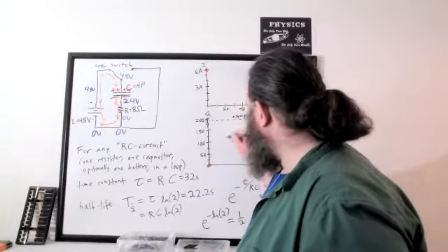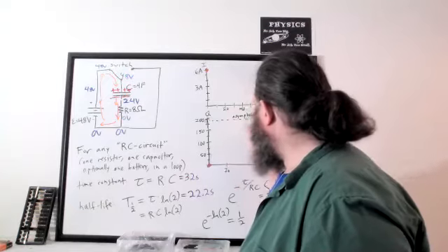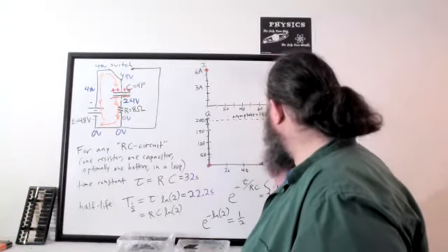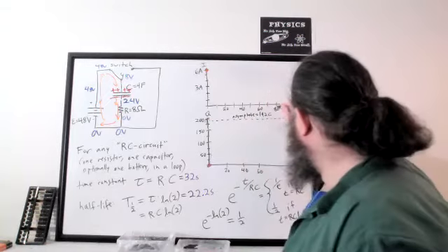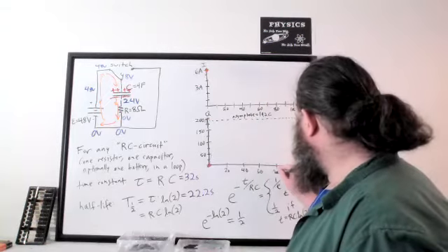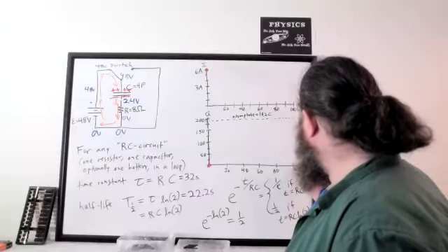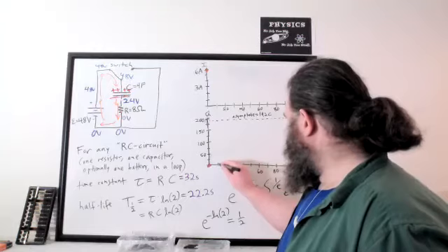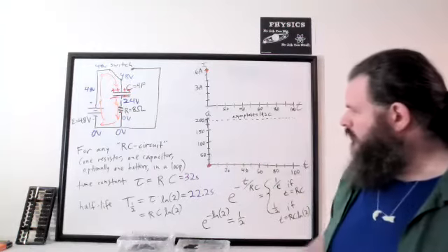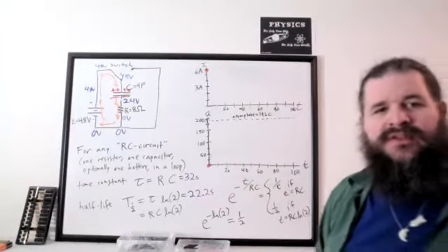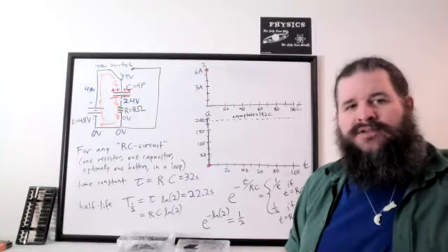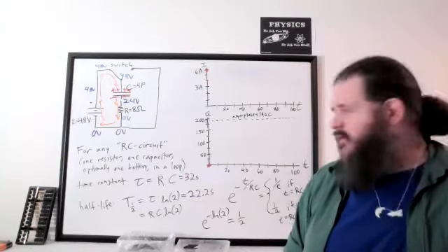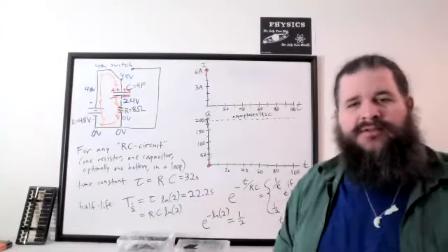And when we put the exact same scale on the other graph, so we can compare them. So every 32 seconds, we should expect the amount to drop to 1 over e of what it was. And also every 22.2 seconds, we should expect the amount to drop to 1/2 of what it was.